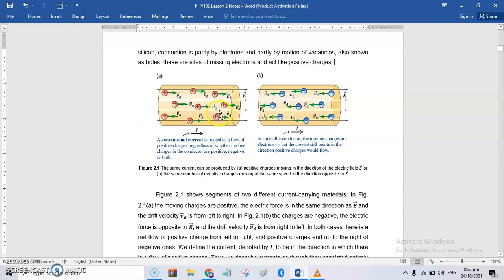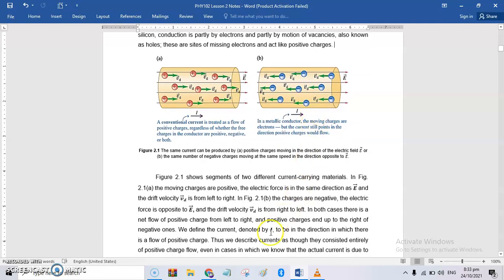So, why is it that the positive charge goes in the direction of the electric field while the negative charge goes opposite to the electric field?